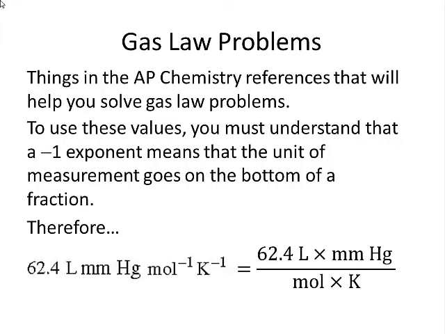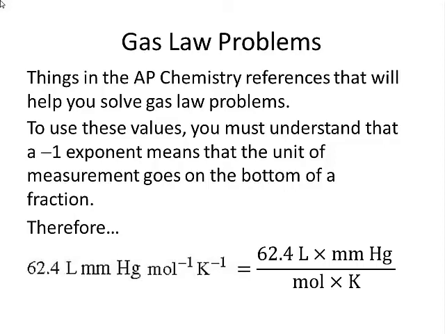One more thing that's important is that when you're doing the math, in order to cancel units and make sure you get the right answer, that you set up your problem correctly, you need to be able to look at the way they listed it in the test references and mentally convert that into a fraction. And that's what I've done for you here. 62.4 liters times millimeters of mercury times the inverse of moles times the inverse of Kelvin is the same thing as a fraction, where I put moles on the bottom and Kelvin on the bottom of a fraction.